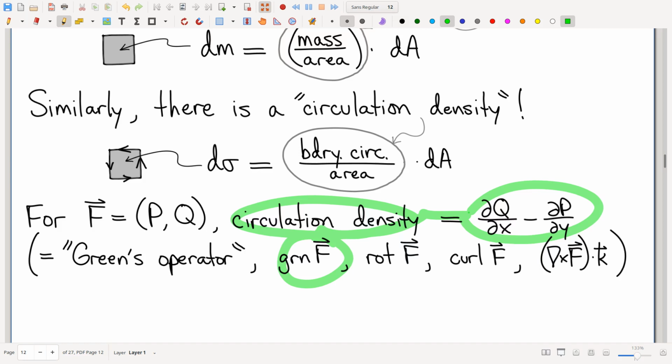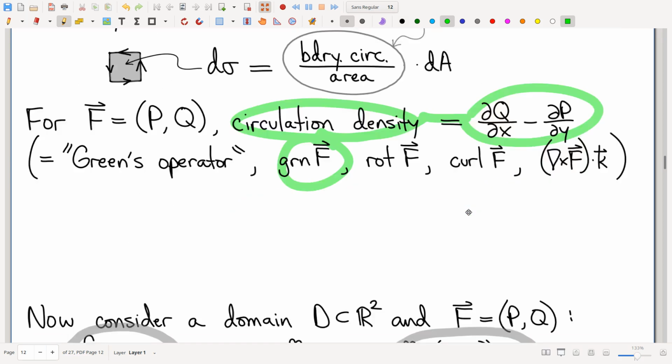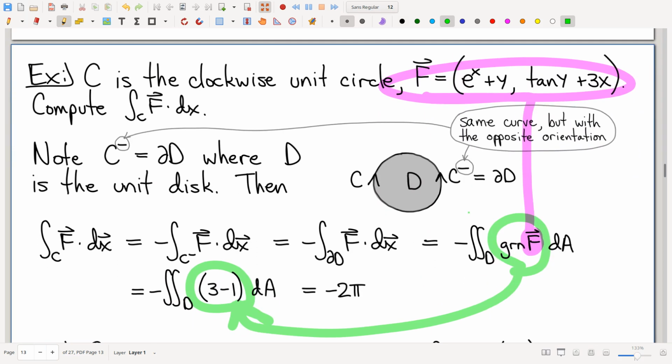Don't get distracted by the alphabet, the P and the Q of it all. That's not the point. It's the x partial of the second field coordinate minus the y partial of the first coordinate. And applying that to this question sure does work out nicely. And so this is why Green's theorem has helped us in this case. It turned an integral that was looking pretty hard into another integral that I didn't really know what it was going to turn into, but it turned into an integral that's actually pretty easy. And then bam, answer.